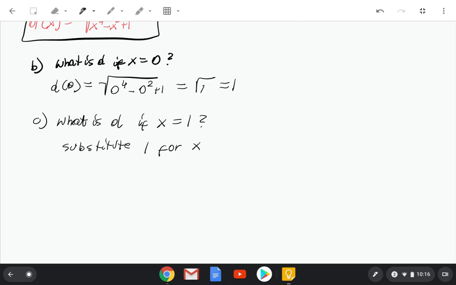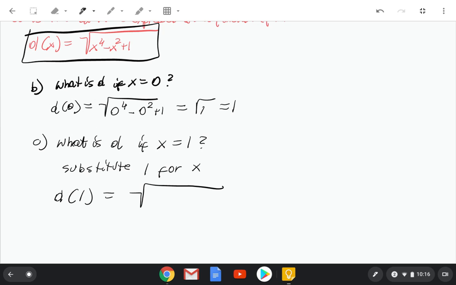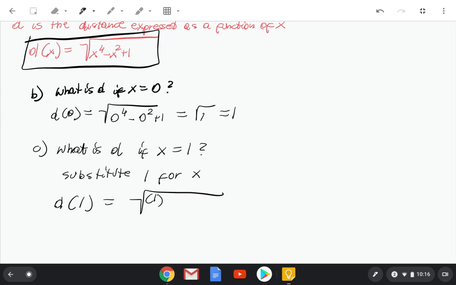So d of 1 equal square root, and I'm going back to the distance formula, so we have 1 to the 4 power minus 1 to a second power plus 1.